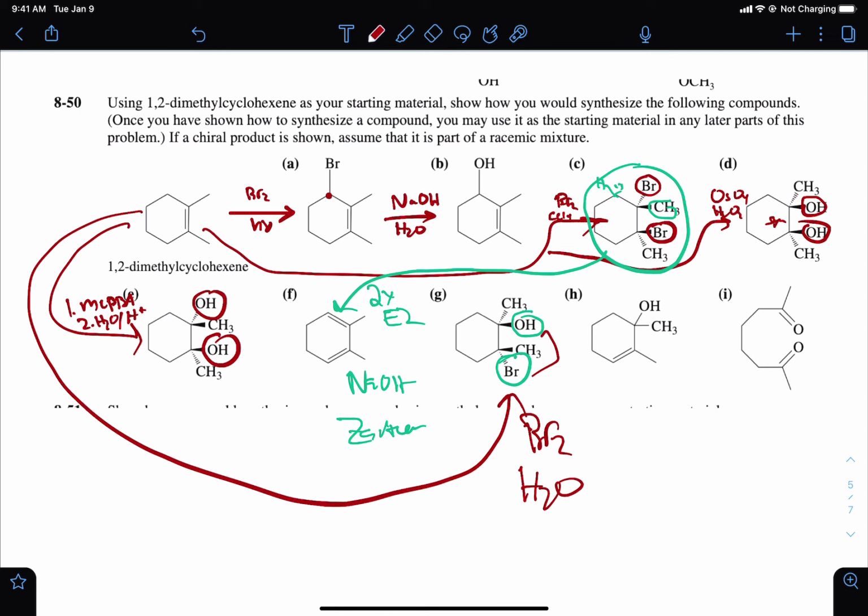H is not obvious. So we're making a double bond. Ah, we can make it from G, can't we? We can take this and eliminate it.